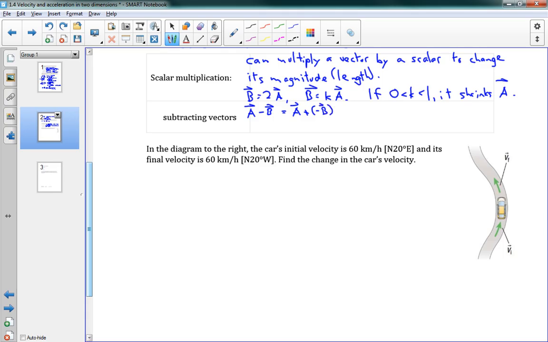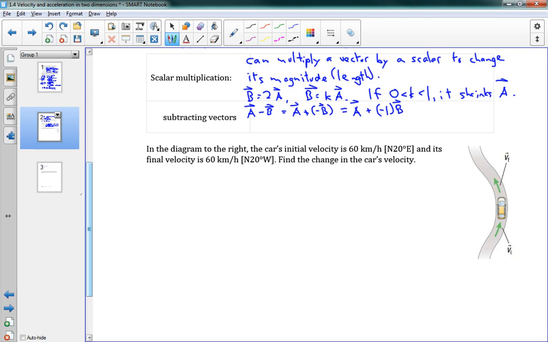And we do this because it's a lot easier to just make b negative than it is to have a formal definition for subtracting vectors. So one last way of looking at this is we can say it's a plus negative 1 times b. So we're doing some scalar multiplication here where we're multiplying b times negative 1.